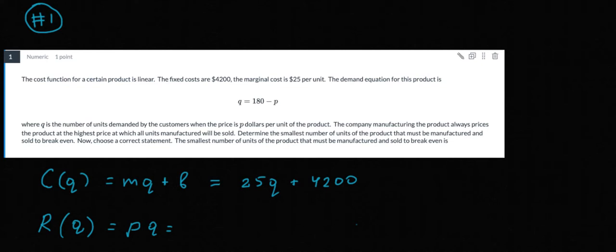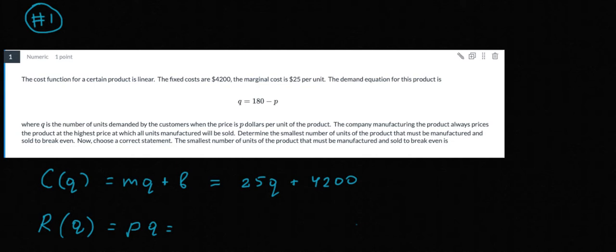Now, if the price is higher than that, then of course the Q value will be lower than the number of units manufactured, and not every unit will be sold. On the other hand, if the price is lower, of course the demand will be higher.